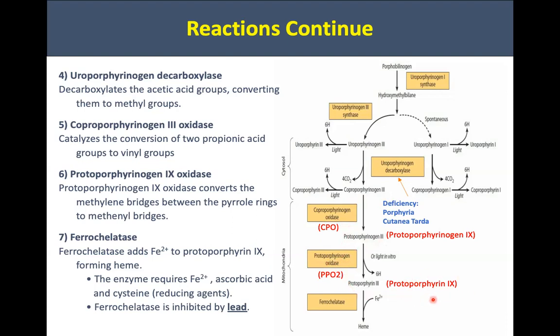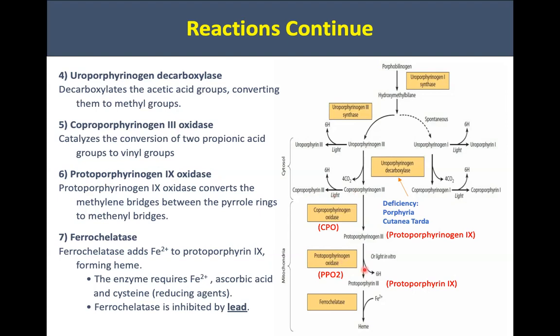Just in case, I don't think this would come up in an MCQ, but in case it did, and they ask you about the order of the enzymes, the way that I would figure this out, in case you're getting mixed up with these two, is I would just look at the Roman numerals. So 3 comes before 9. So that would help me at least memorize that coproporphyrinogen 3 comes first before protoporphyrinogen 9. Just in case it comes up in an MCQ. But again, these 2 enzymes aren't as important.